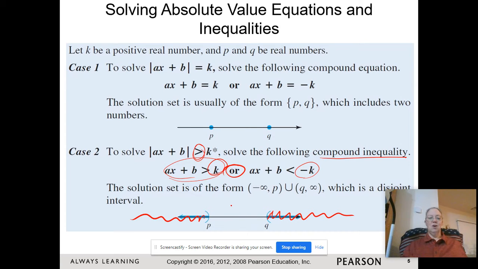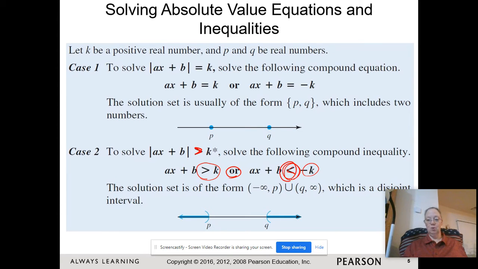So the solution is going to be an interval, union, another interval. When you have greater than, you're going to write it 2 different times. You're going to write it greater than the positive or less than the negative. So you reverse the symbol, you reverse the sign.